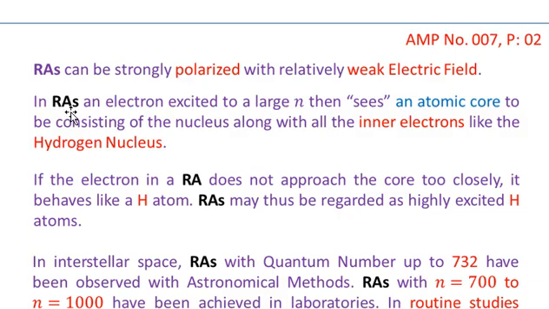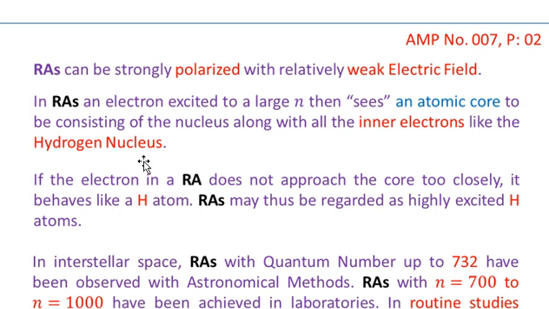In the Rydberg atoms, an electron excited to large n values sees an atomic core consisting of the nucleus along with all the inner electrons, like the hydrogen nucleus.